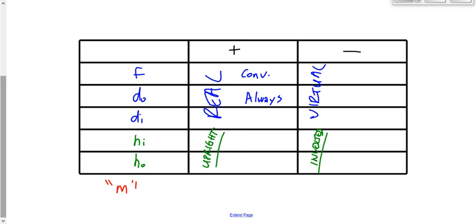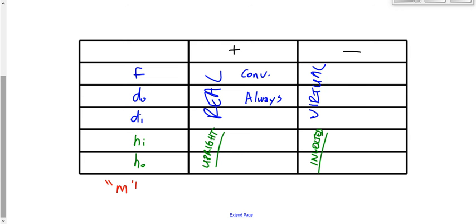The magnification is positive when we have the image on the same side of the principal axis as the object. So in other words, if they're both upright, M is positive. But if they're both inverted, then M is positive because they're both on the same side of the principal axis.